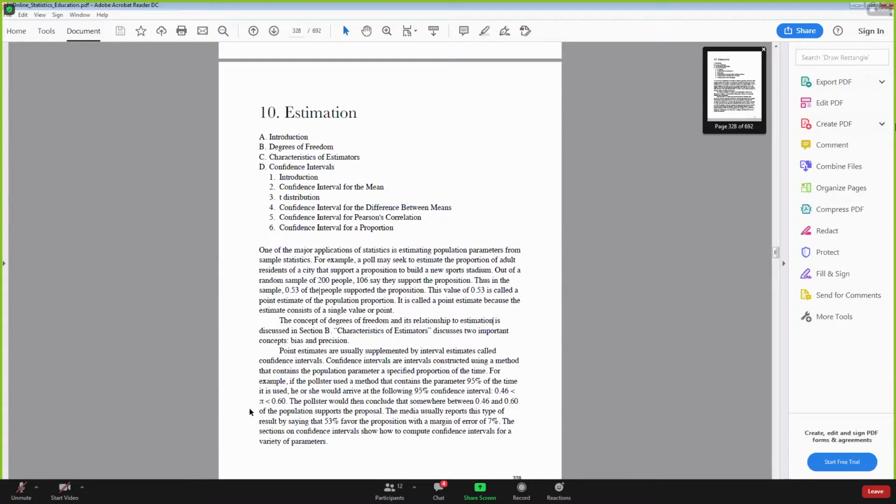Okay, so typically the confidence interval will be a symmetric interval centered at the point estimate. What does it mean? Here you have a point estimate of 0.53.